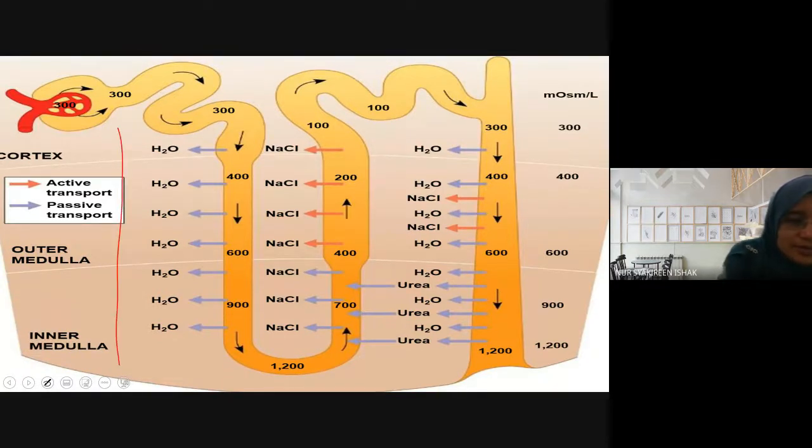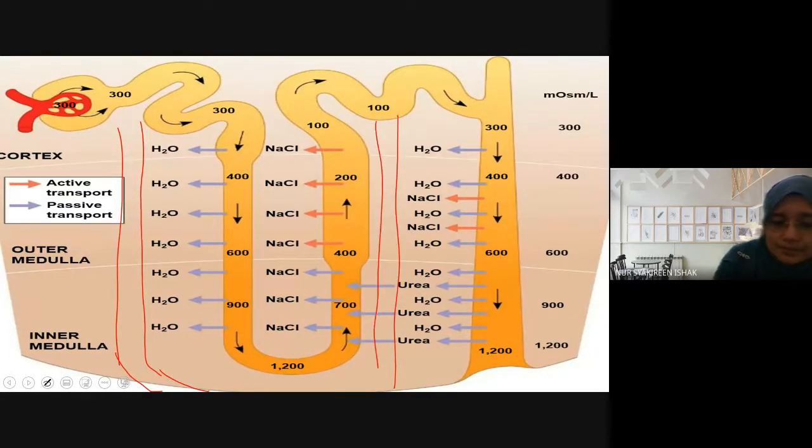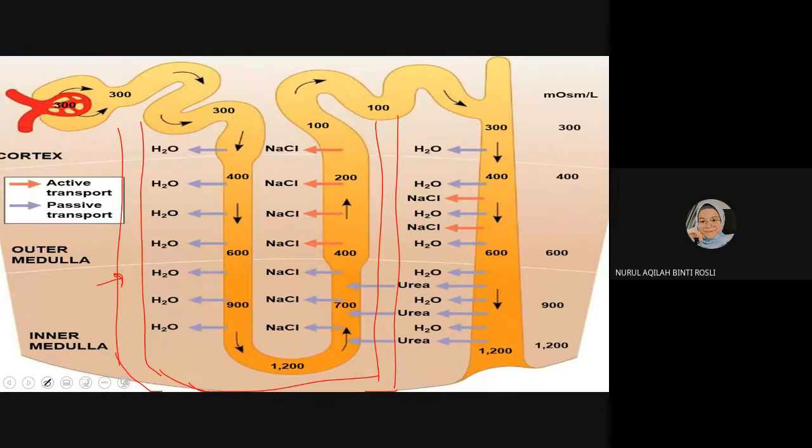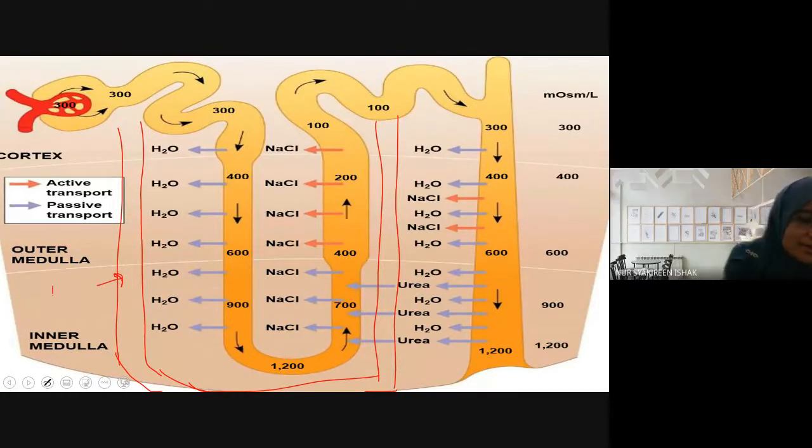Okay, so this is vasa recta. Okay, so this is also vasa recta. Tolong labelkan ini apa? Vasa recta apa? Ascending. Okay, ascending vasa recta. Yang ini? Descending. Descending vasa recta.